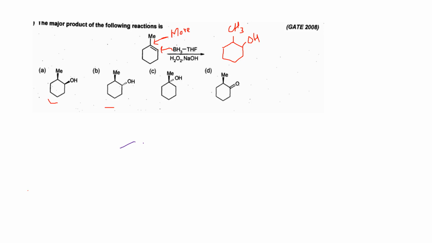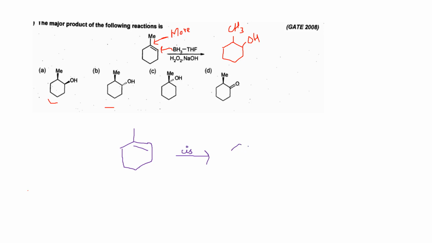Suppose this cyclohexane is given. Now we know that hydroboration always takes place in a concerted manner, so the hydrogen and boron will come from the same plane. It will be added in a cis manner.